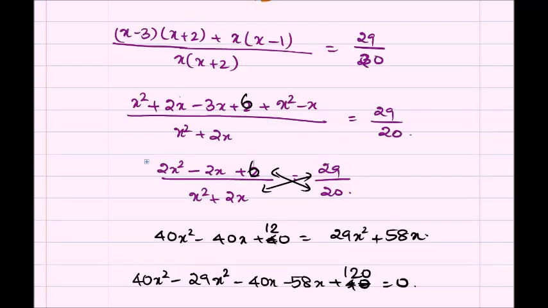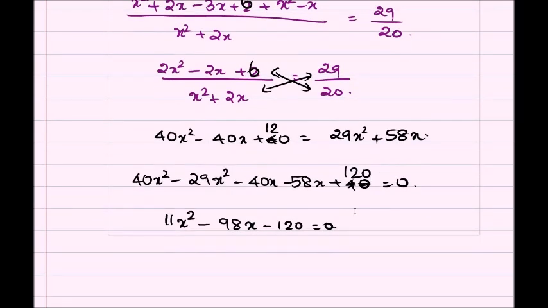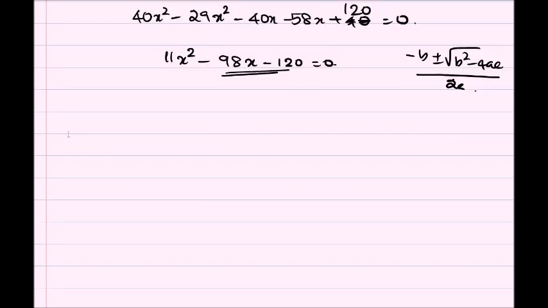A small correction, this is 6 and according to that this is 120. Okay, I have made a mistake. Here our quadratic equation is 11x square minus 98x minus 120 is equal to 0.